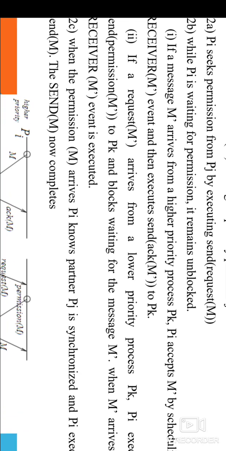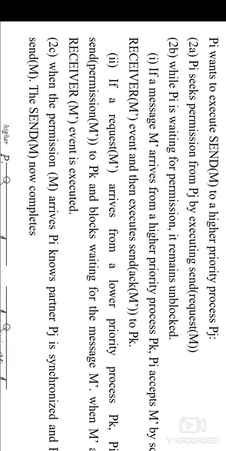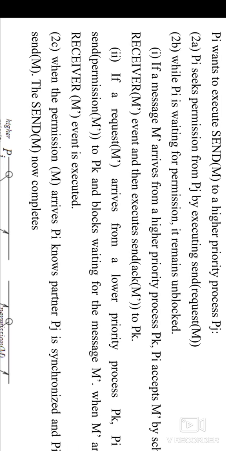In the second step, Pi wants to execute send of M to a higher priority process Pj. Now Pi is the lowest priority and Pj is the highest priority. So Pi seeks permission because Pj is the higher priority process. While Pi is waiting for permission, it won't get blocked, because Pi is a lower priority process. The lower priority process is never blocked; only the higher priority process is blocked.